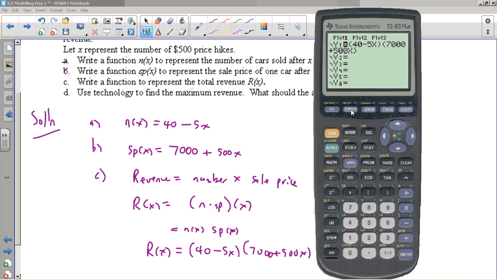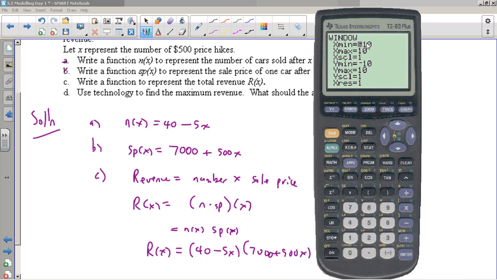If I were to just press window or press zoom something, it's not going to fit on, because these are huge numbers, and I want to figure out the maximum revenue, where it looks like they're making already $280,000 a week. Is it weekly sales? Yeah. So I don't know about price hikes, so I don't know whether it's going to be 10 price hikes.